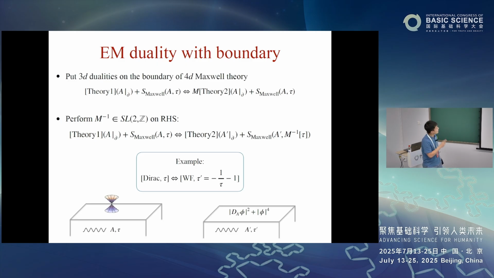In the bulk you should have the bulk Maxwell term, and the bulk Maxwell term comes with the coupling constant tau. That's what I mean. I should have used little a, but I also want to emphasize that little a does not lead to the bulk. The gauge field is a 2 plus 1D gauge field.